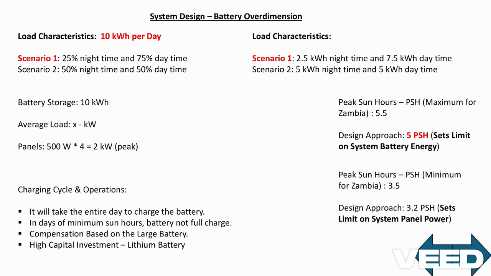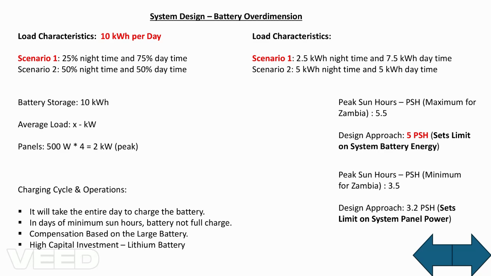The other thing is that in times of minimum sun hours, which we say is 3.5 for Zambia, the battery will not be fully charged. So the compensation comes in the overdimensioning of this battery, which is large, and this becomes a huge capital investment that is needed. So this is the difference in this case.